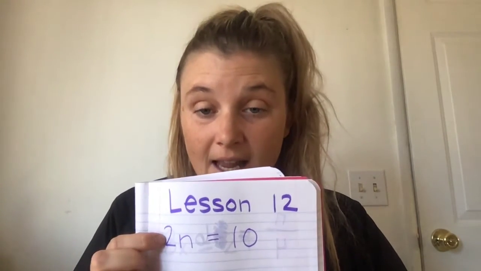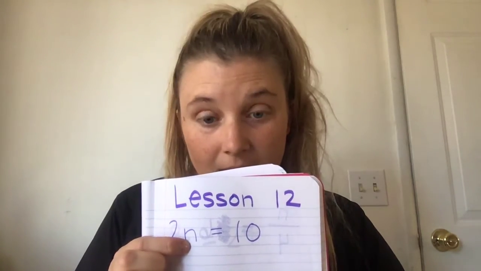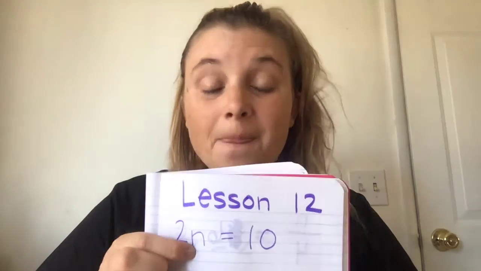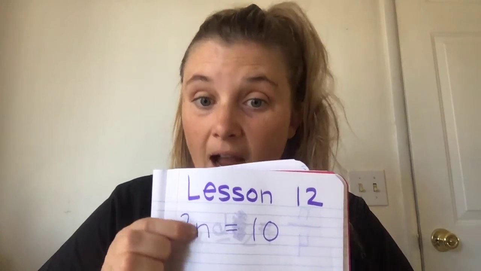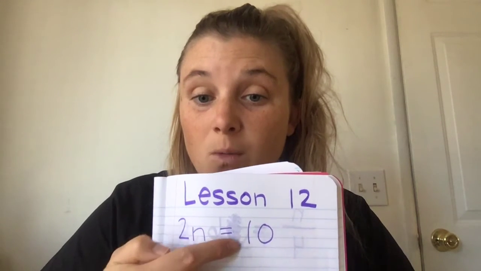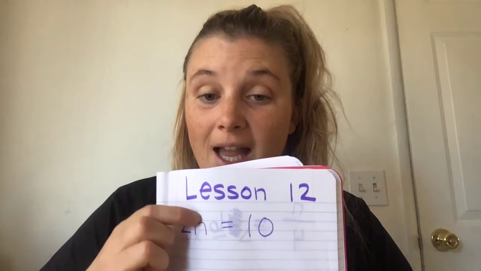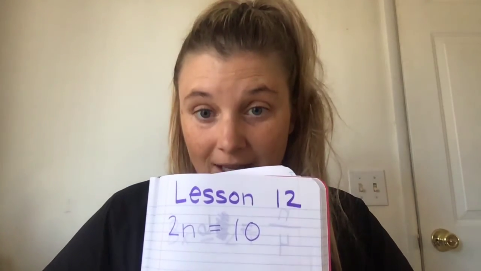So this is saying 2 times something. When there's the number right next to the letter, that means times by. So 2 times something equals 10. Can you grab your boogie board and write that on there?